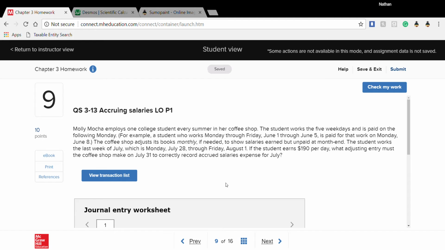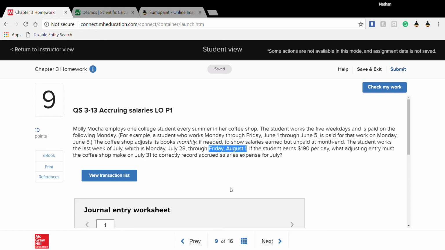The coffee shop adjusts its books monthly. Okay, so it just means at the end of each month, if needed, to show salaries earned but unpaid at month end, the student works the last week of July, which is Monday, July 28th, through Friday, August 1st.